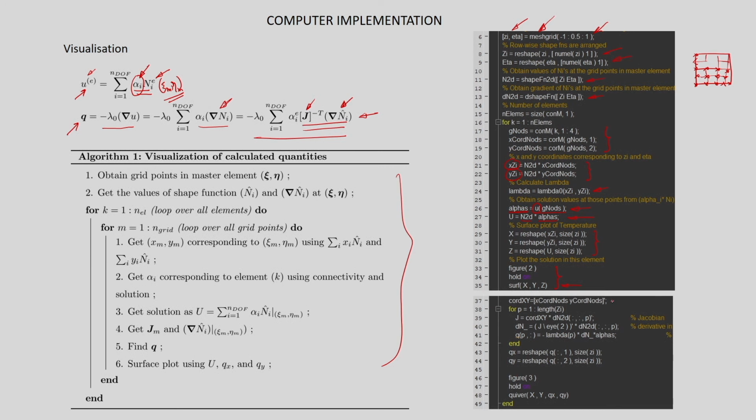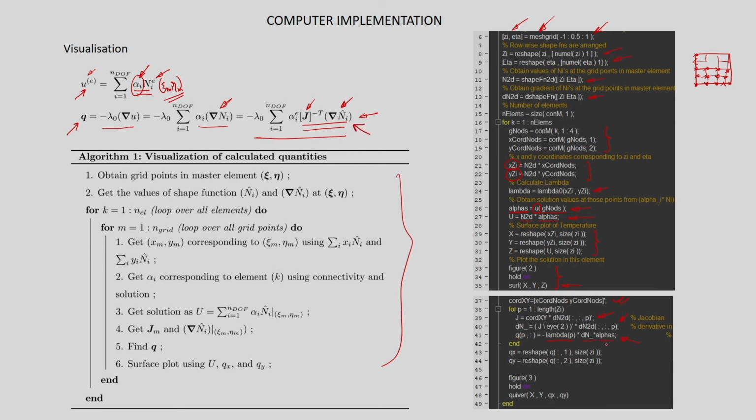Next we calculated the coordinate matrix that we already did in the earlier piece of code. Then this shows the Jacobian part. We calculated the derivatives in the physical element, and from there we get q as lambda at the pth point into the derivative of the shape functions at the pth point into alpha.